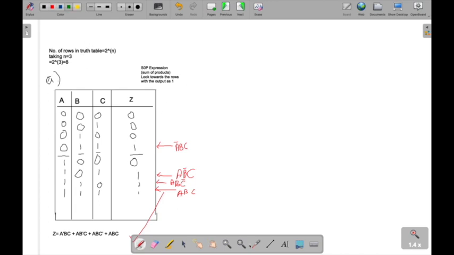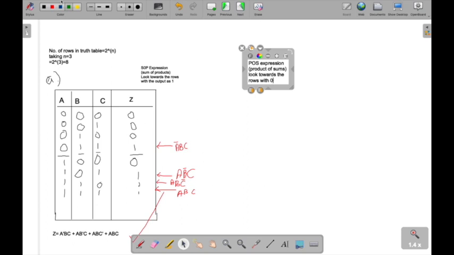In the POS expression, which means product of sums, look towards the rows with 0. Look towards the rows with 0.